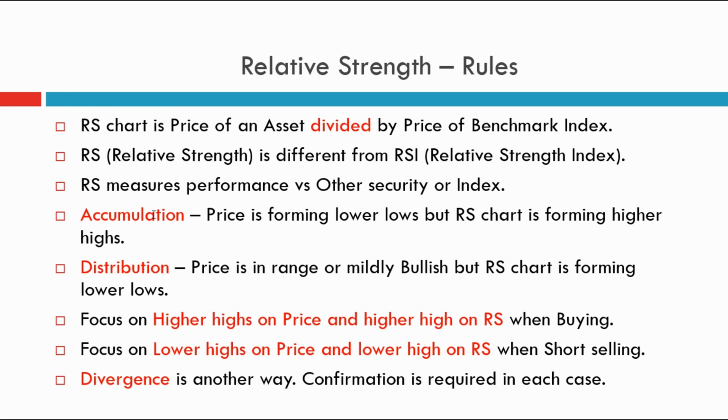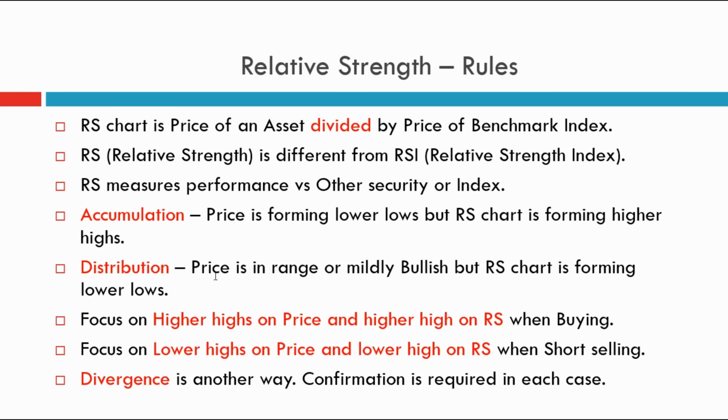So what we look for here is RS that can help us identify either accumulation or distribution. When price is forming lower lows and is in a range, but you see the RS line moving up, that is a sign of accumulation. Similarly, if price is in a range or just mildly bullish, whereas you see the RS line tending to move down, that is a sign of distribution.